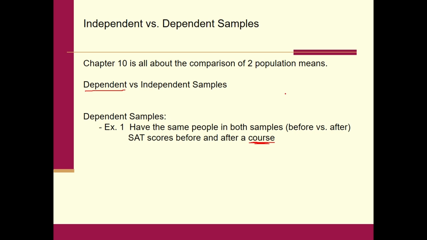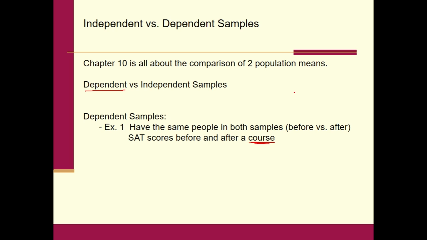Well, how do we study then if the course was effective? What we would do is study on an individual basis the before and after score. So did the individual score 20 points higher or 50 points higher, or did they score 5 points lower?